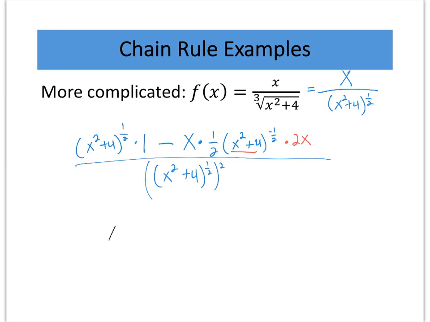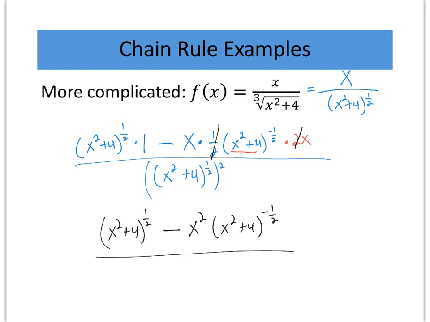Just cleaning it up: x squared plus 4 times 1 is just to the 1/2, minus, I've got an x and a 2x and a 2, so the 2s cancel out, and I'm left with x squared, times x squared plus 4 to the -1/2, all over, using my exponent rules, a power to a power just multiplies, so I'm left with x squared plus 4 to the power of 1, because 2 times a half is 1.